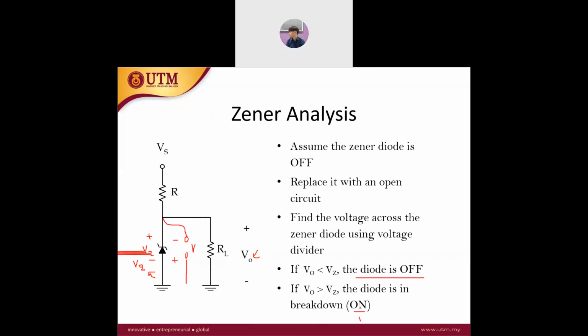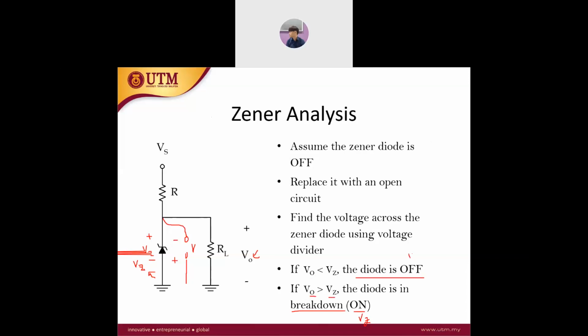This one is referring to the VZ. Because you intend the Zener diode to operate in the breakdown region, it is considered on when it is in the breakdown region, where Vout is much greater than VZ. If Vout is less than VZ, the diode is in the off state.